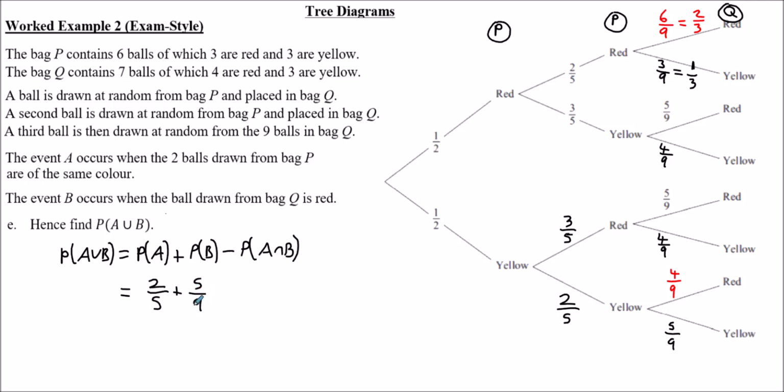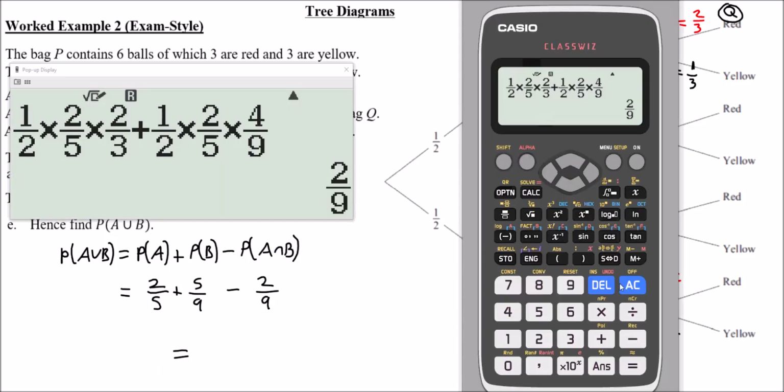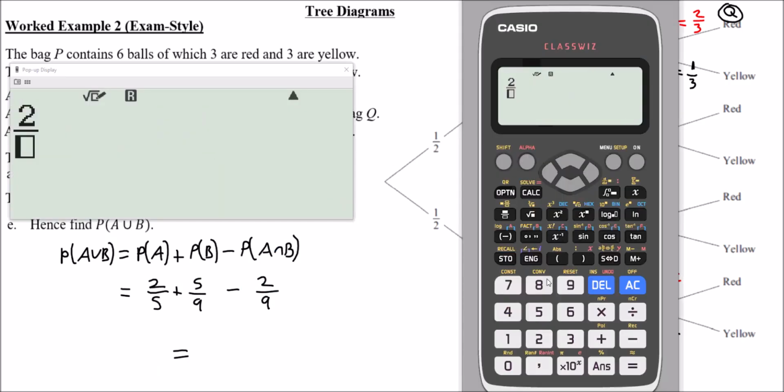And then part D, the question we just did, we showed that the probability of A and B was 2/9. So it's 2/5 plus 5/9 minus 2/9. So if we just do this on our calculators. So we've got 2/5, 5/9 take 2/9. May as well just add on the 3/9 rather than doing unnecessary calculations. And that gives us 11/15.